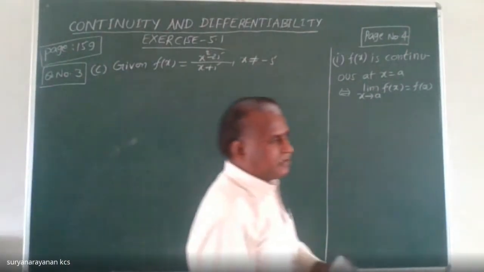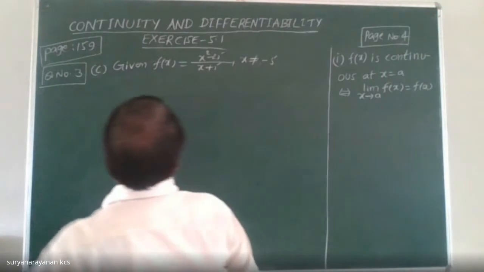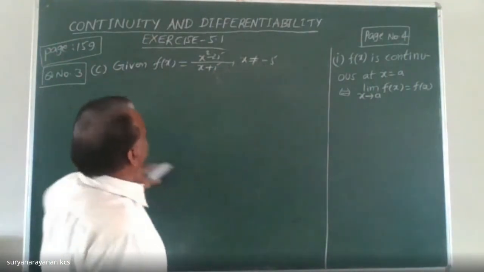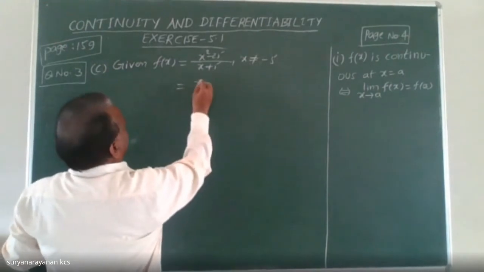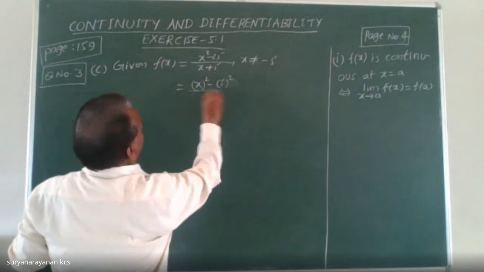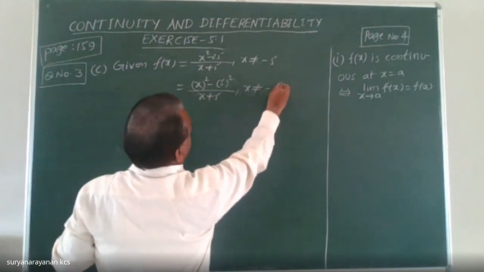See this question, my children. As x is not equal to minus 5, let us rewrite this function: x square minus 5 square by x plus 5, x is not equal to minus 5.